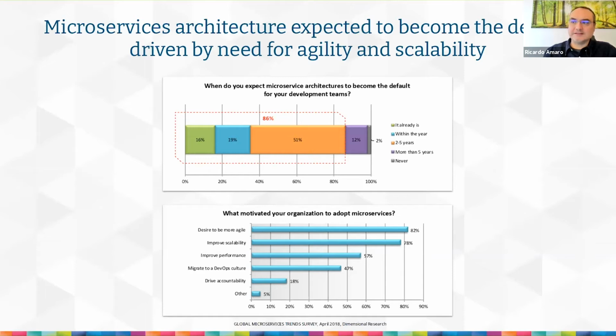Almost all, like 98%, expect microservices to become their default architecture. And the majority, like 86%, expect that to happen within the next 5 years. So the top two motivation drivers are agility with 82% and scalability with 78%.